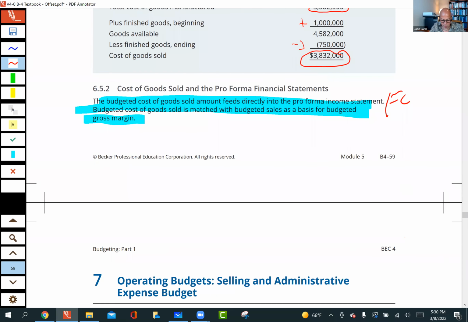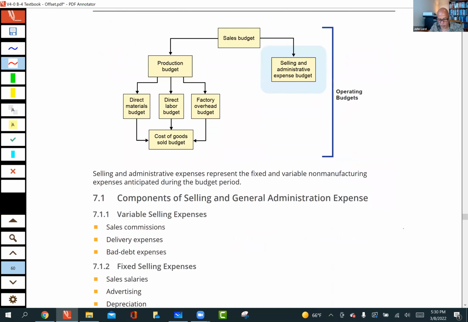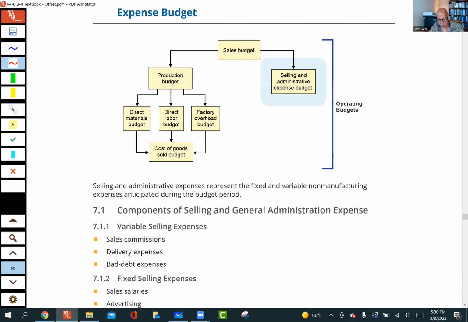So again, here they come with that chart, like we have to be showing it every single time. But notice we started with sales, then production, and had to come up with our three product costs, factors of production there: direct material, direct labor, factory overhead. That yielded us our cost of goods sold. Now we've got our budgeted gross profit information for our budgeted financial report.